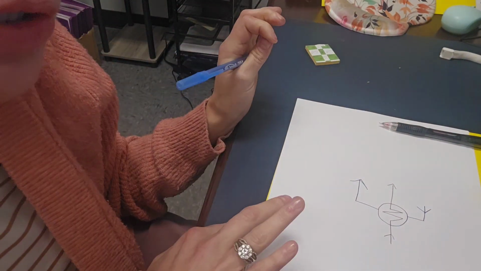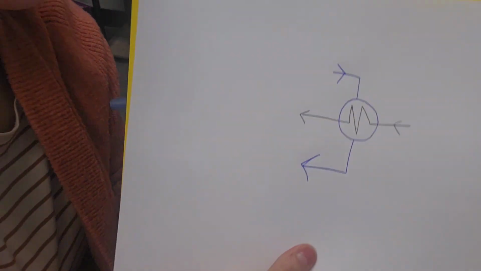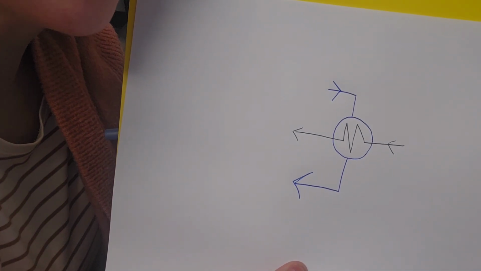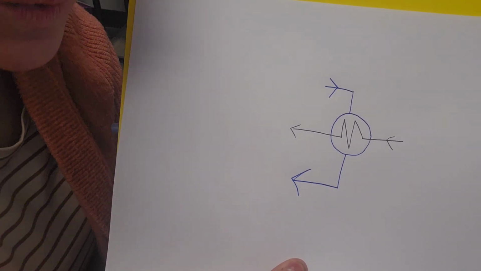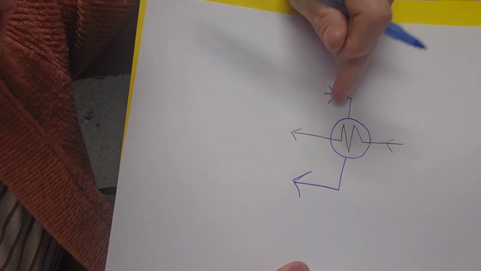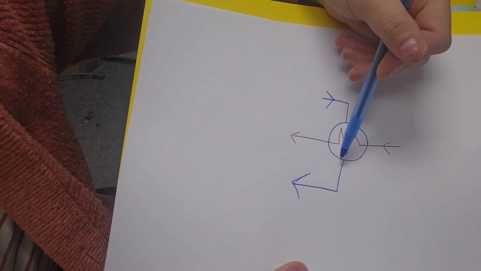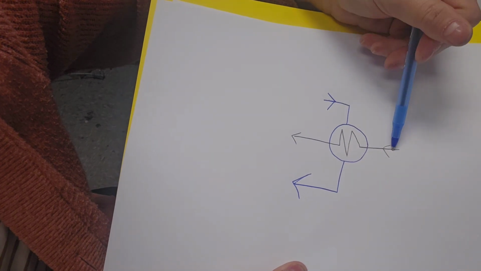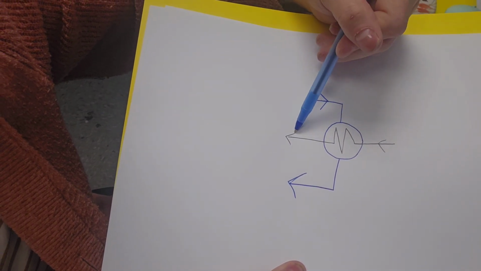Do y'all think the pencil or the pen would be the tubes? So the tubes are going to be the little squiggly lines, right? Inside of the shell's going to be the circle. So this would be your shell inlet and shell outlet. This would be your tube inlet, tubes inside the shell, tube outlet, right?